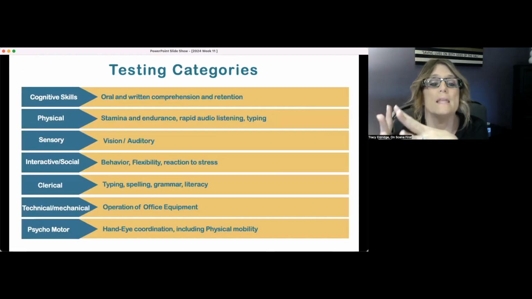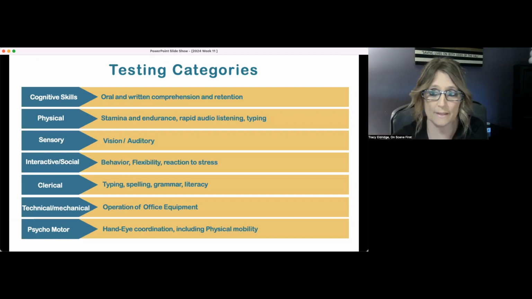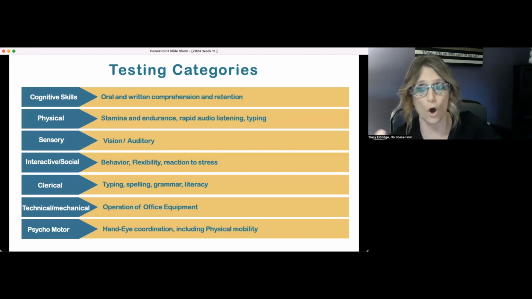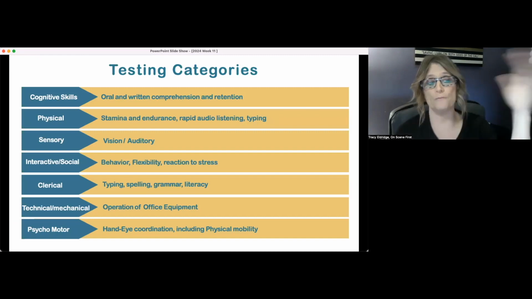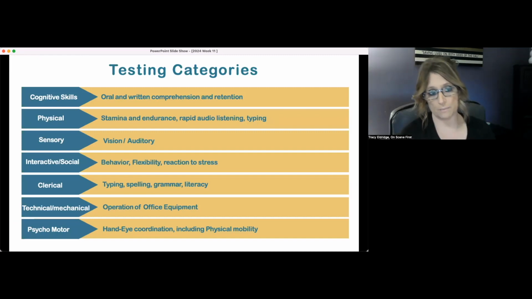The testing categories that are usually used when testing for our telecommunicator positions should include all of these categories here. Cognitive skills, which includes oral and written comprehension and retention, physical, our stamina and endurance, rapid audio listening, typing, and even though physical is listed under typing, it's also going to be listed under clerical as well.